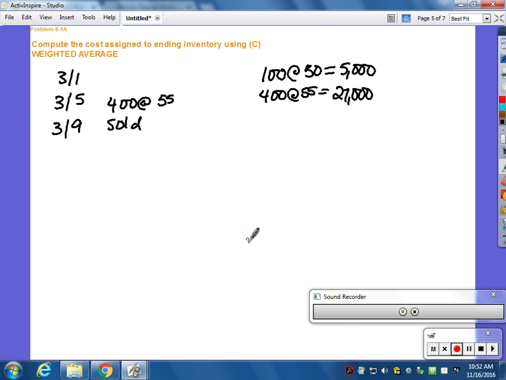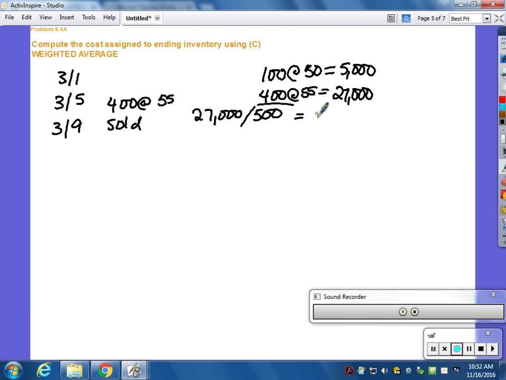And we've got to find out what the average price is now, right? So the way that you find the average unit price is you've got 500 units in inventory. You need to divide them by how much in total they're worth, which is 27,000. 100 times 50 is 5,000. 400 times 55 is 22,000.